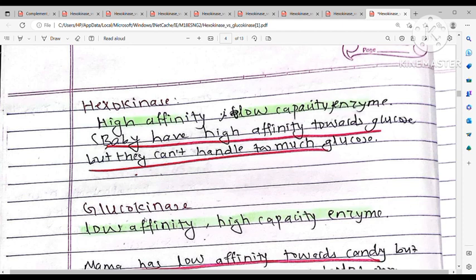But glucokinase is like mother. They have low affinity. They do not love glucose as much as their babies do. But they can handle glucose in large amounts. If it is present in large amount, they can store the glucose for the future. So glucokinase has low affinity, high capacity.